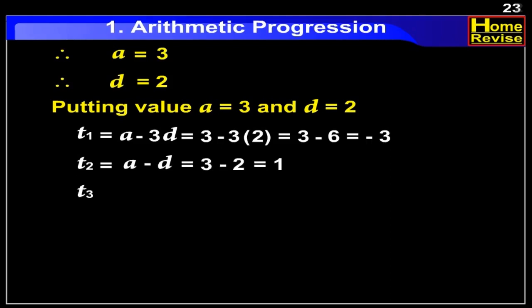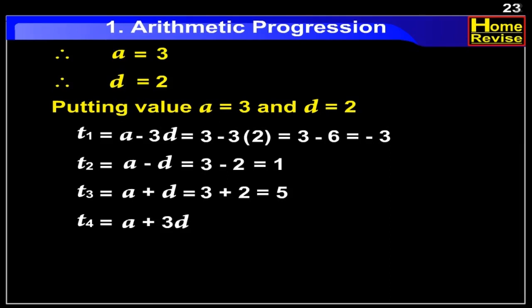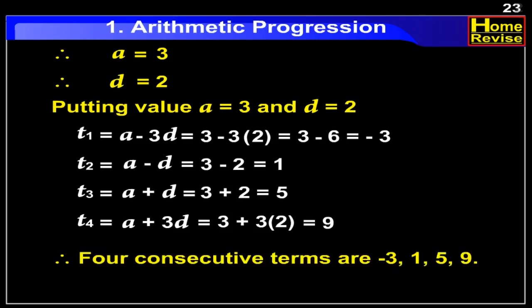Further, T3, that is third term, is equal to a plus d is equal to 3 plus 2, which is equal to 5. T4, that is fourth term, is equal to a plus 3d is equal to 3 plus 3 into 2, which is equal to 9. Therefore, the four consecutive terms are minus 3, 1, 5 and 9.